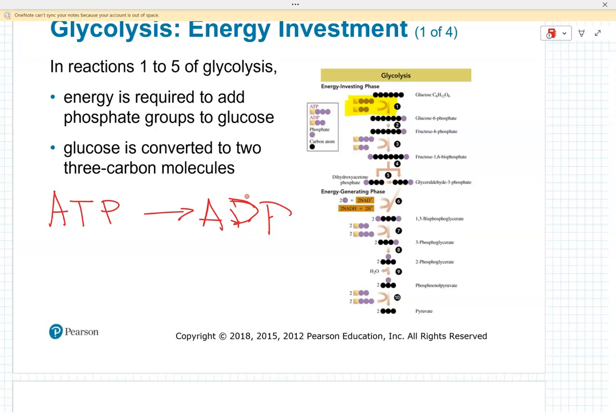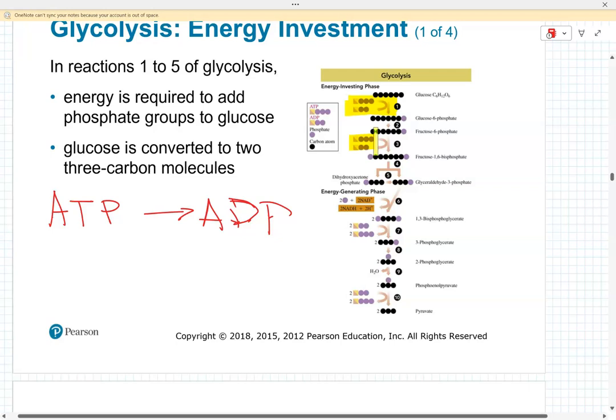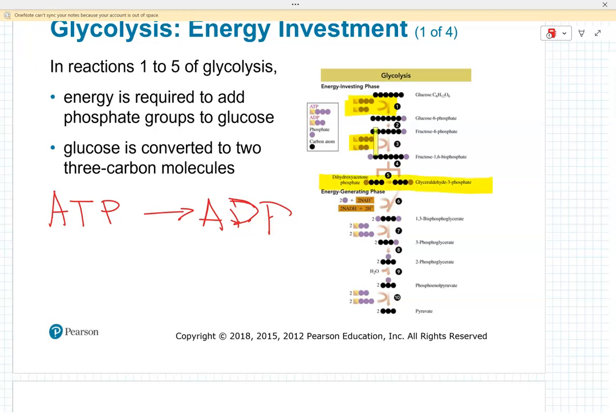That makes sense? Do we see the first highlighted ATP? All good? Second highlighted ATP to ADP transition, can you see that? So during the energy investment phase, we take two ATPs and use their energy to produce this high energy intermediate called glyceraldehyde 3-phosphate. Okay? All good?